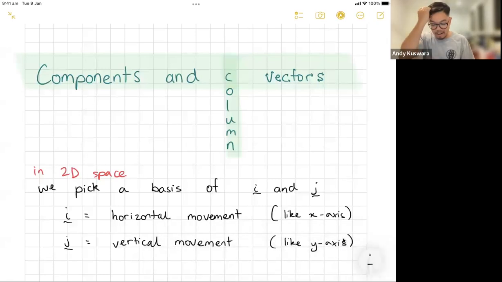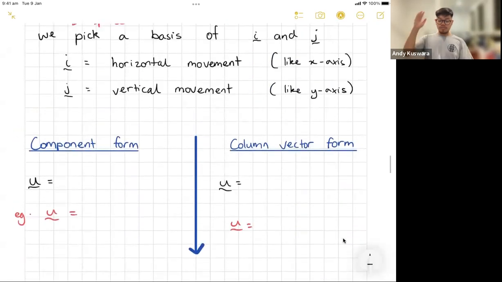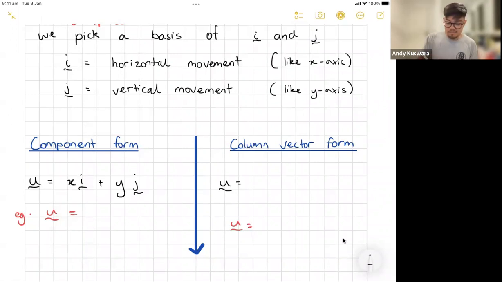Okay. Component form and column vector form. The way that component form looks is you break it into your components. So you have your horizontal component, and then you have your vertical component. So xi plus yj. Realistically, it'll be something like 2i plus 3j.